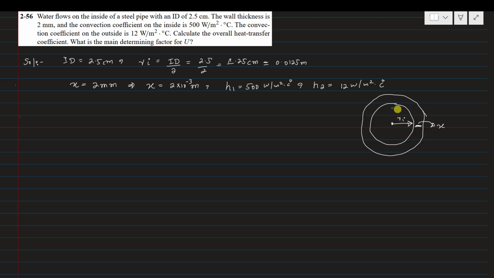Inside this steel pipe, there is water flowing. So the heat transfer inside this pipe is by convection, with heat transfer coefficient h1 at the inside of the pipe. Outside there are environment conditions, so it is obvious there must be some kind of fluid, so there must be some convection heat transfer outside the pipe, and the outside convection heat transfer coefficient is h2.